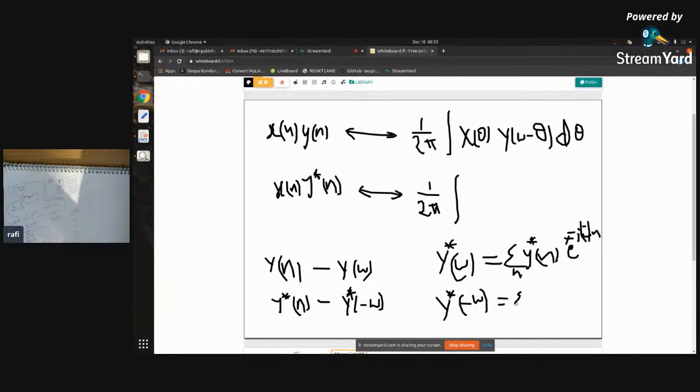So that is nothing but y star of n e power minus j omega n. So this is nothing but the DTFT of y star of n, which is y star of minus omega.